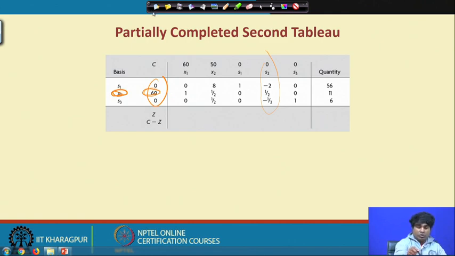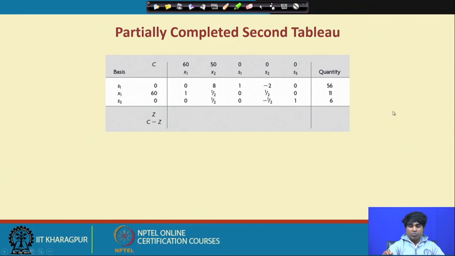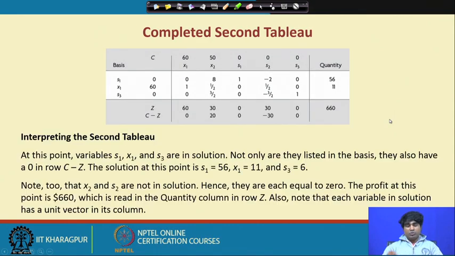So, now for that we have to first check the net evaluation, and then we think about the optimum value of z. If not, then we will move to this second iteration and then look for the solution.